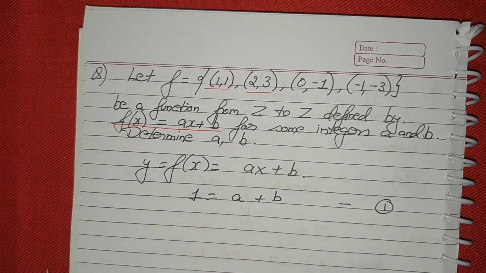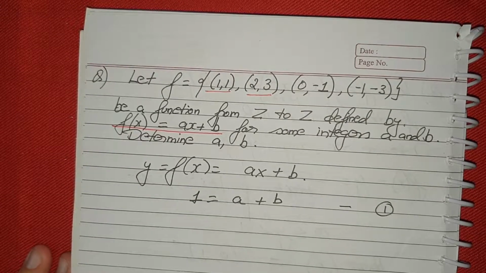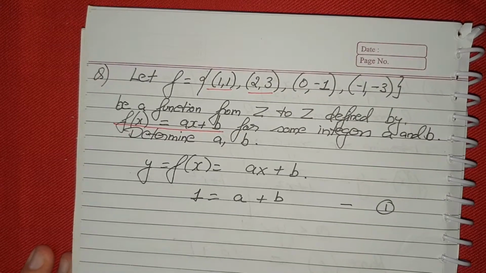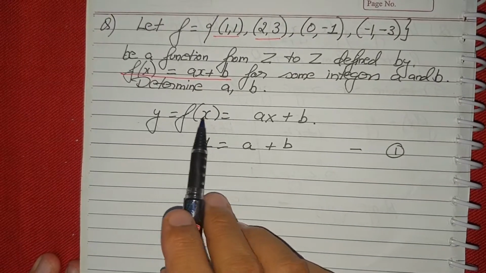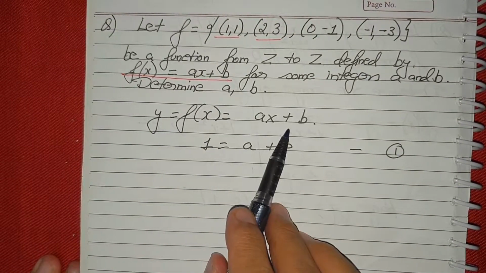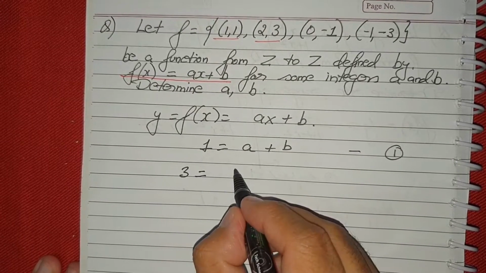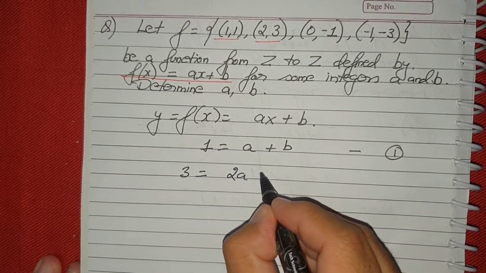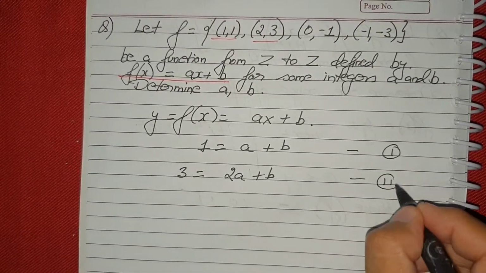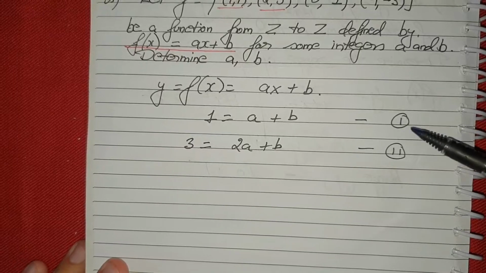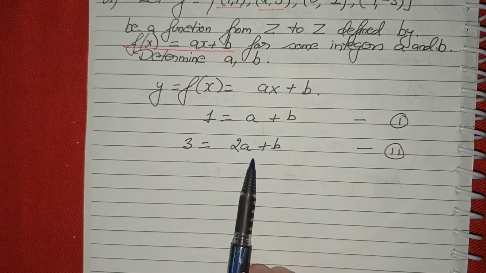That means x is 2 and y is 3. Again in this function, 3 equals 2a plus b. This is equation 2. Now solving these two equations simultaneously, we can solve for a and b.